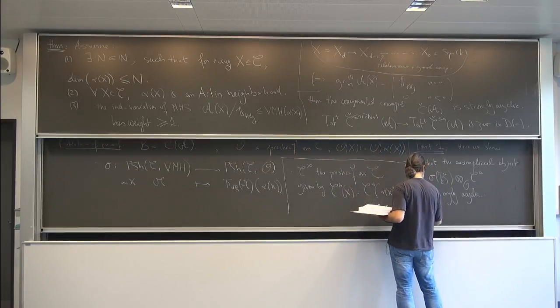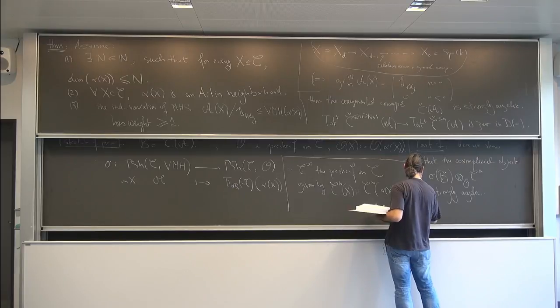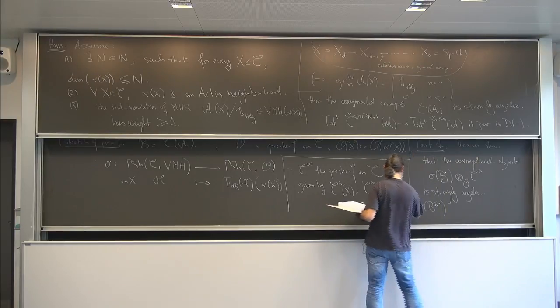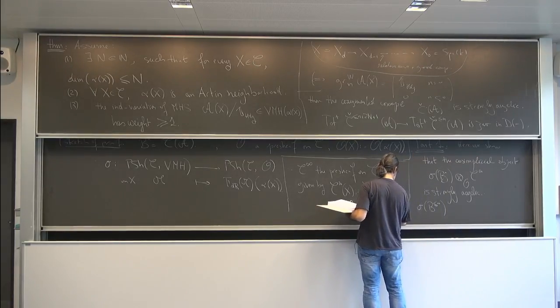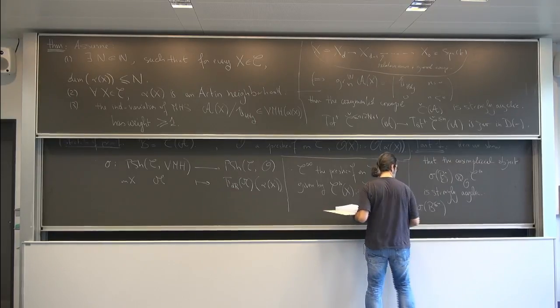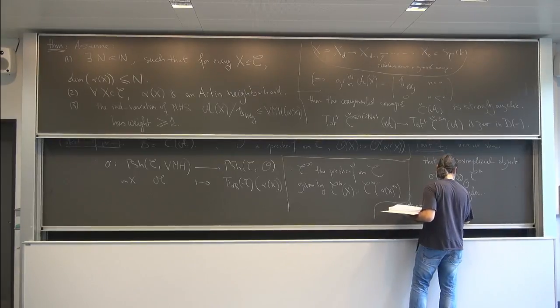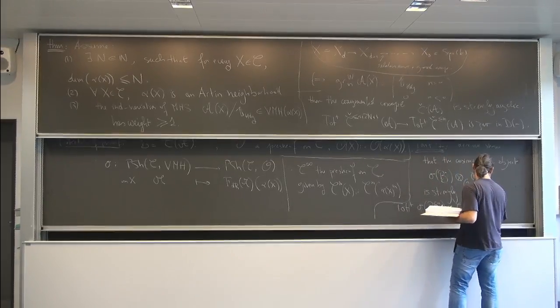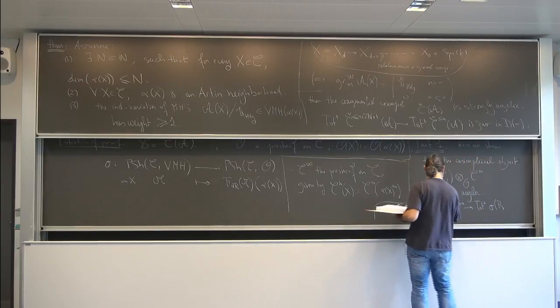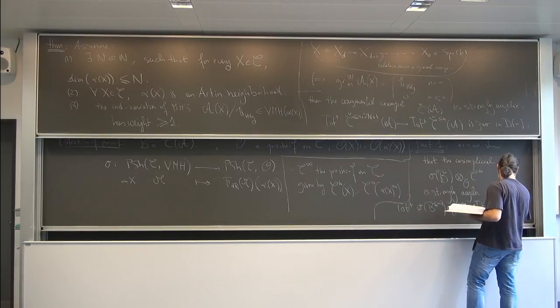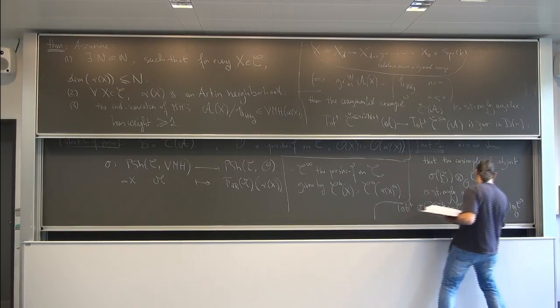So in fact, more precisely, O of B smaller than n dot plus 1 is 0.